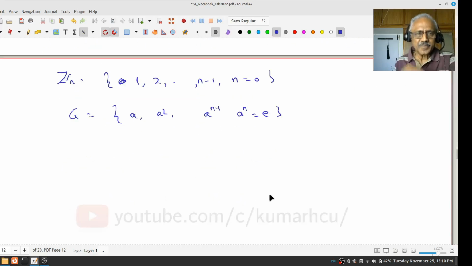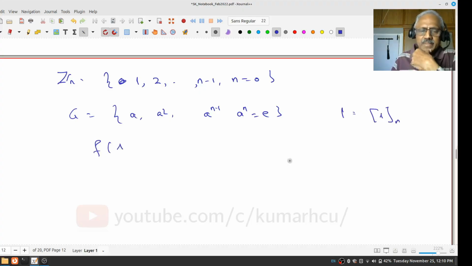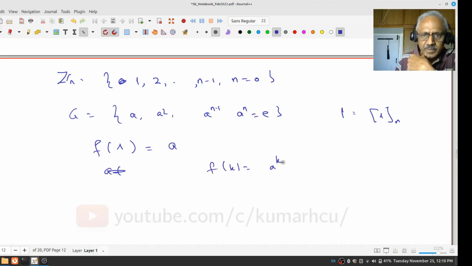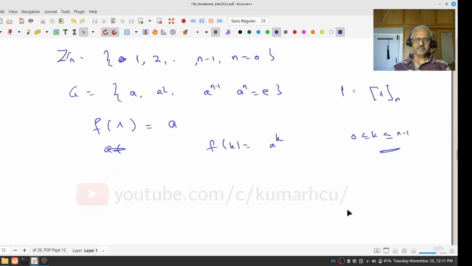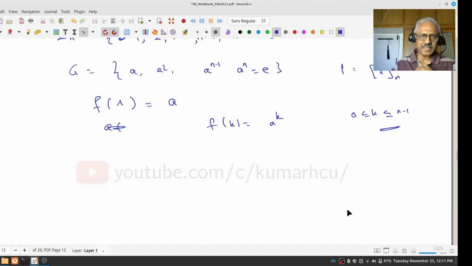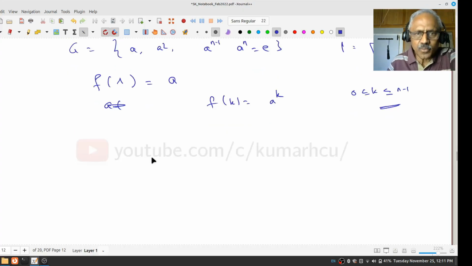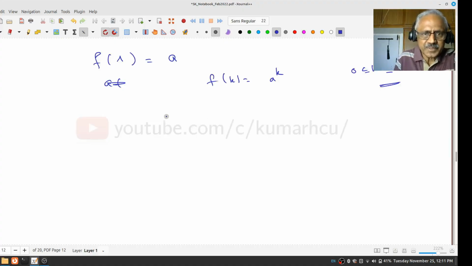So what is the obvious map you can think of? I can think of f of 1, okay, if you want 1 is 1 mod n, this is a. Therefore f of k will be a to the power k, where 0 is less than or equal to k less than or equal to n minus 1. Is it clear? And it's a group homomorphism. Okay.